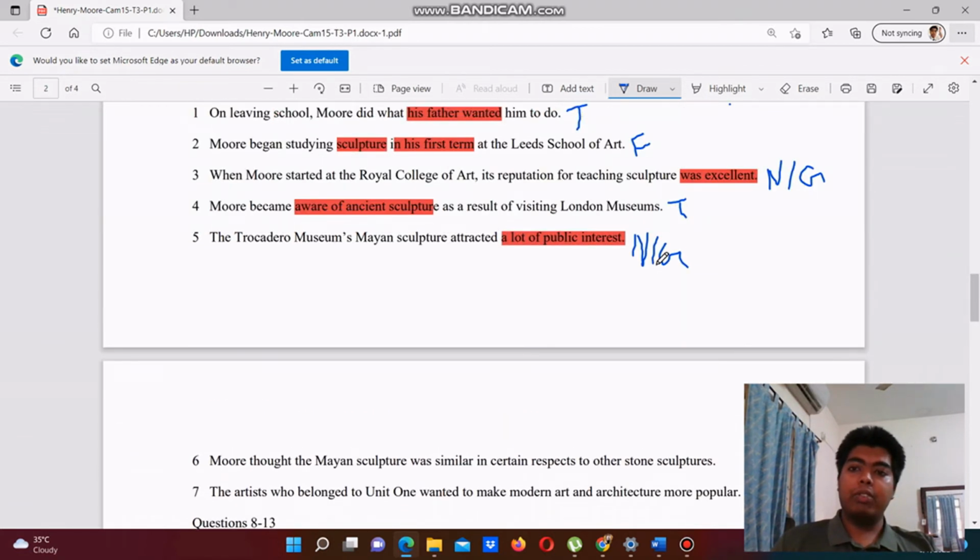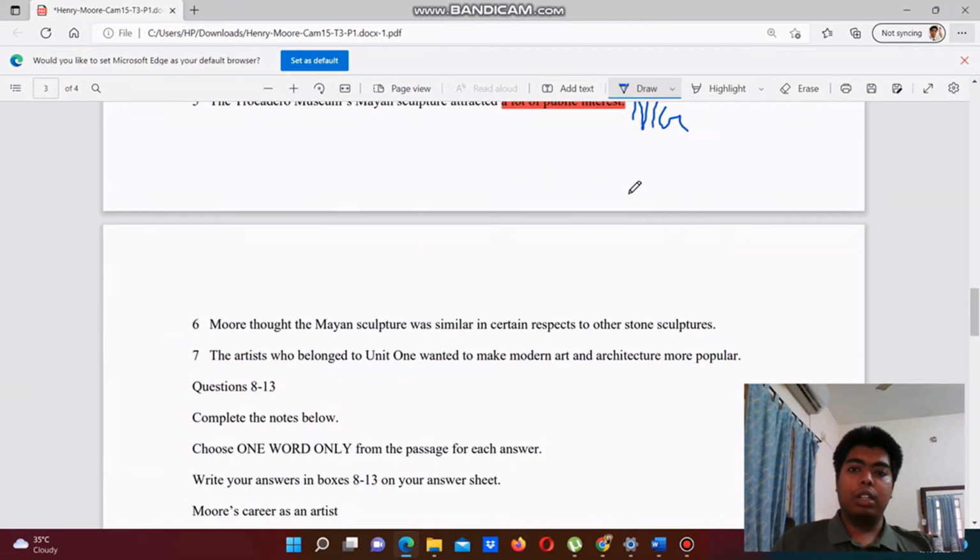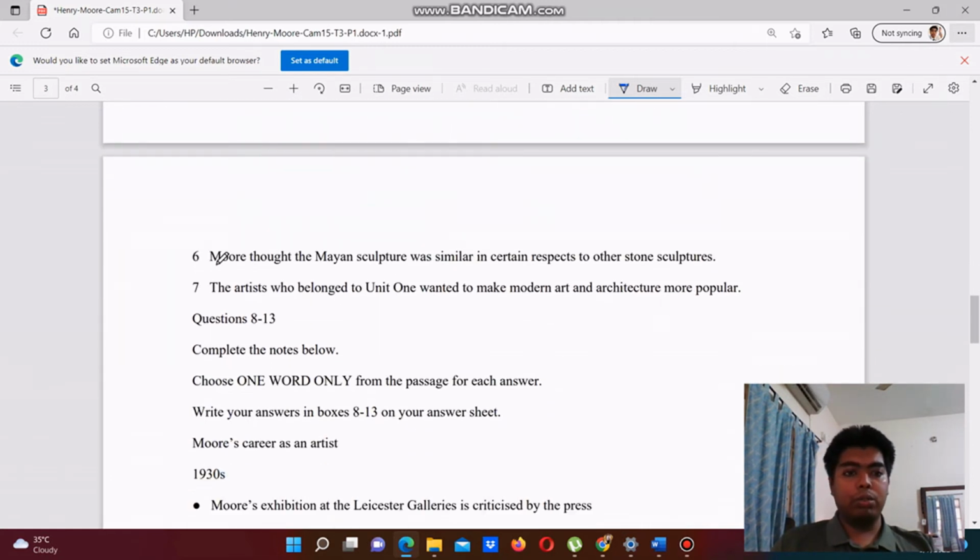Okay, guys, my handwriting is not that good, so I hope you will understand. Next: Moore thought the Mayan sculpture was similar in a certain respect to other stone sculpture. Here, we can see that there is a comparison between Mayan sculpture and stone sculpture.